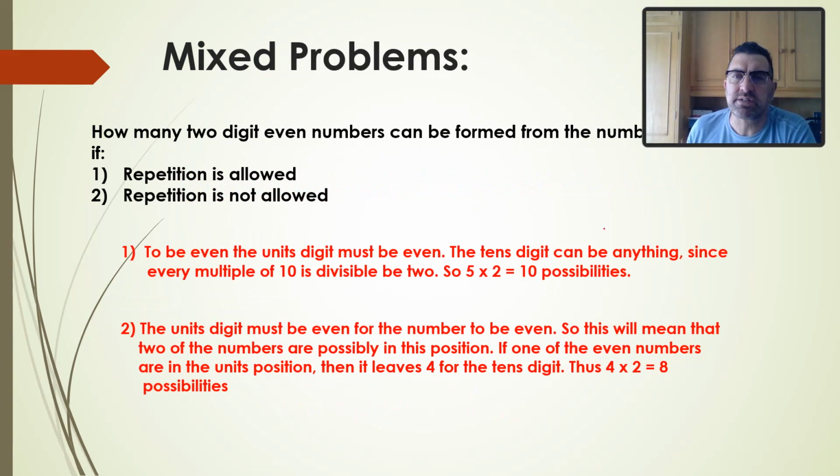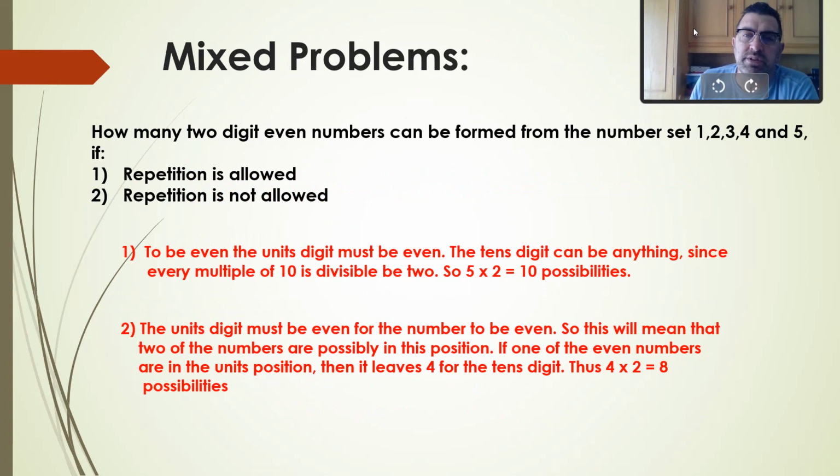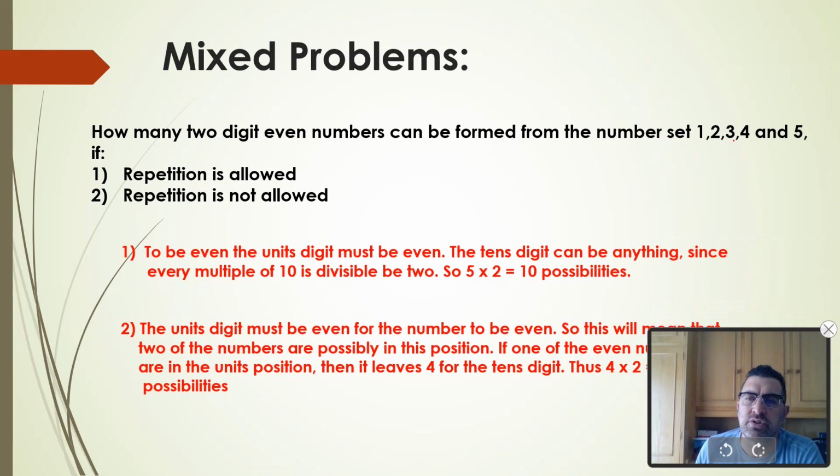Now here, mixed problems where we have repetition allowed and repetition not allowed. How many 2-digit even numbers can be formed from the number set 1, 2, 3, 4, and 5? Where repetition is allowed, the numbers available are 1, 2, 3, 4, and 5.